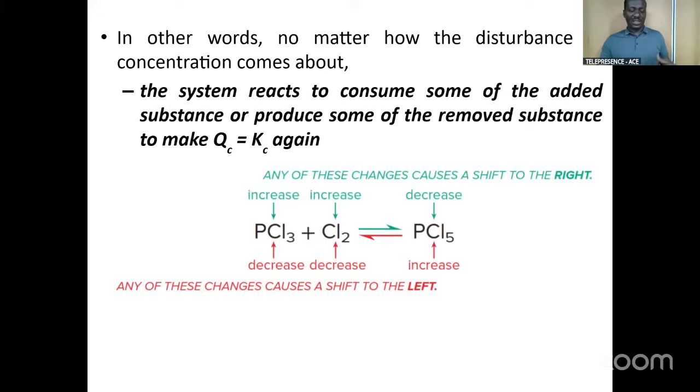And of course, decreasing any of the products, as the product is being formed, it's being removed. Then of course the equilibrium will shift in the direction that produces more of such products, and that's what is displayed here with this example: PCl3 plus Cl2 to give us PCl5. Increasing PCl5 will cause a decrease in the amount of PCl3. The same thing with Cl2 because they are reactants.